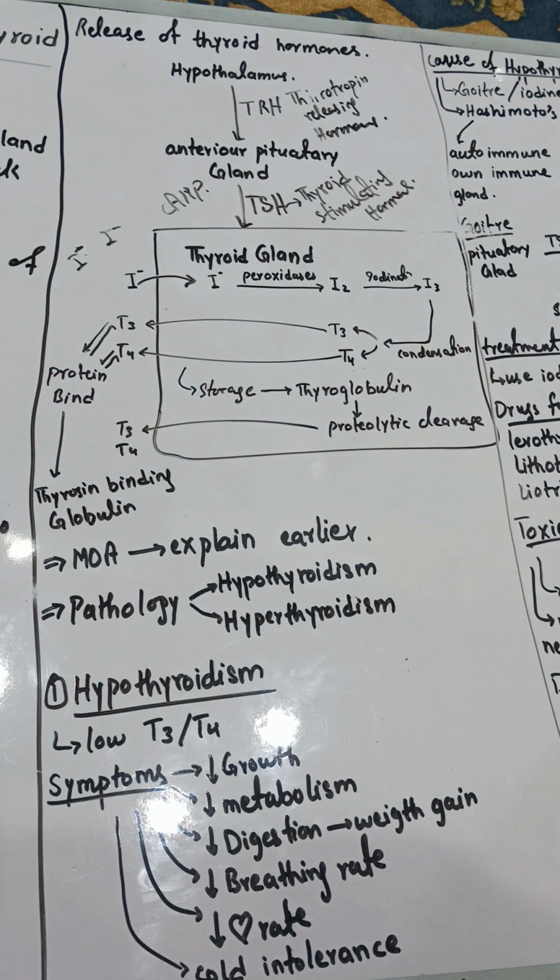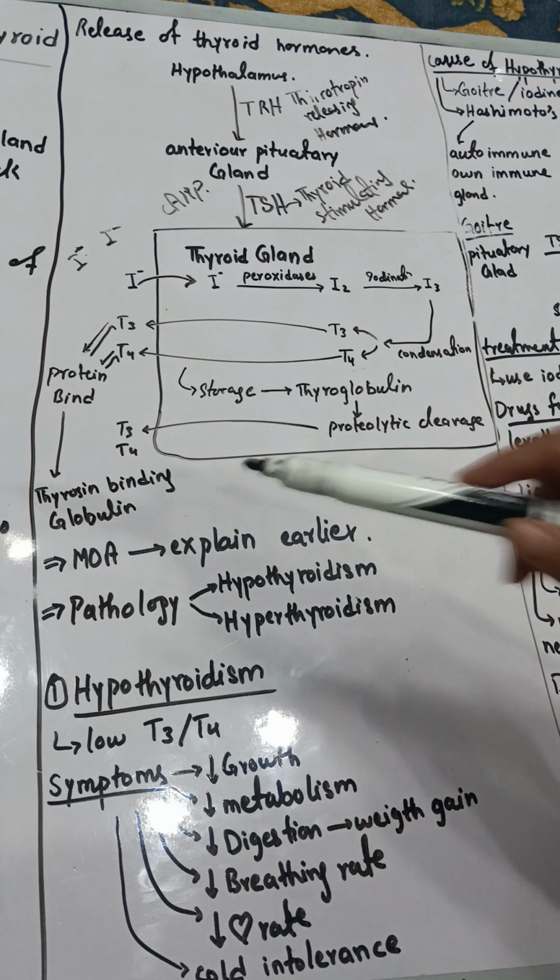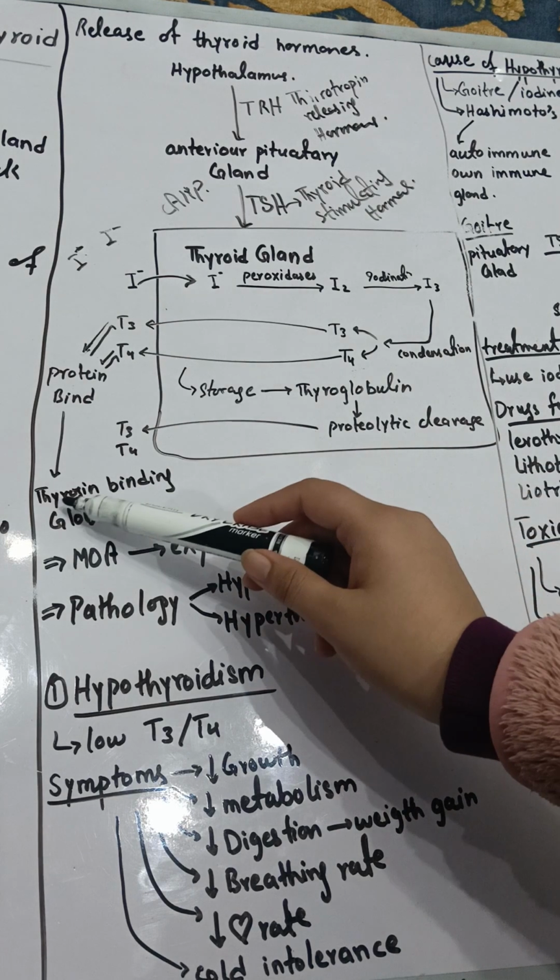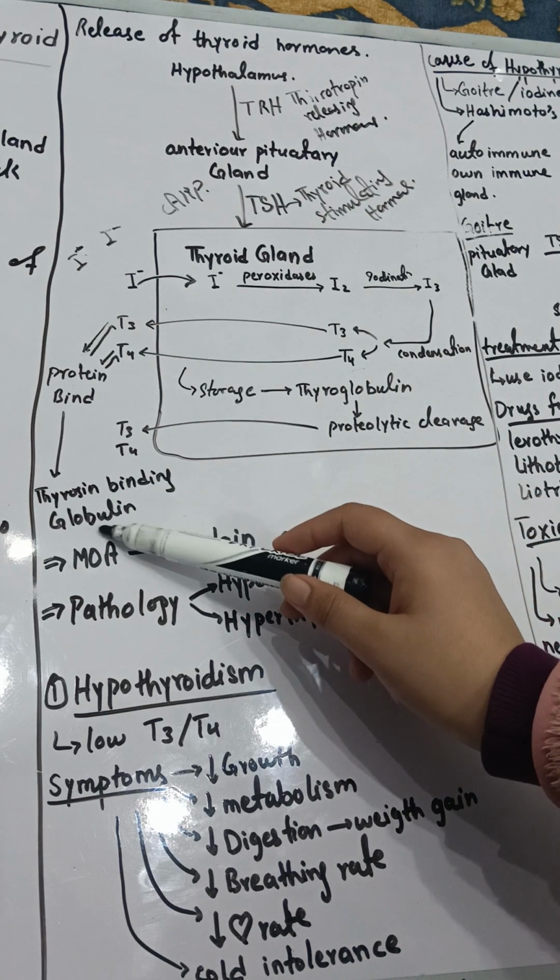And in the blood, various kinds of binding proteins are present. Albumin is the most important protein, which binds to most drugs. But in the case of thyroid hormones, there is a special binding protein called thyroxine binding globulin.